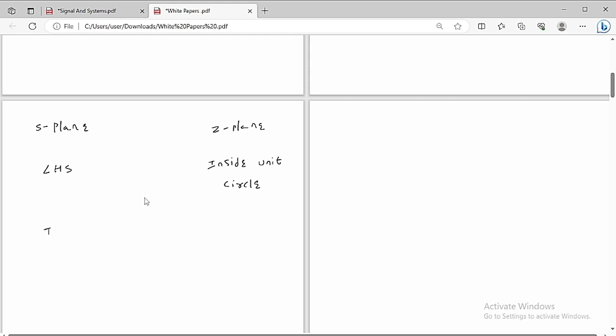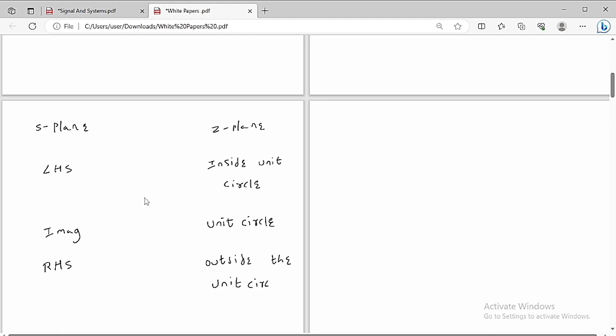And all the points present on the imaginary axis are going to map on the unit circle. And all the points present on the RHS of the S plane are going to map outside the unit circle.